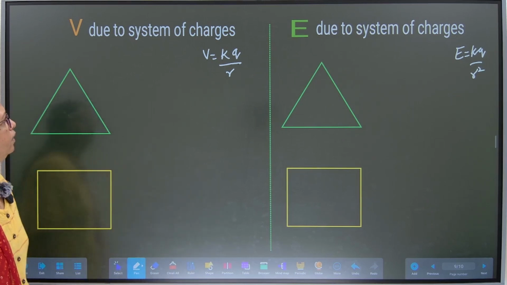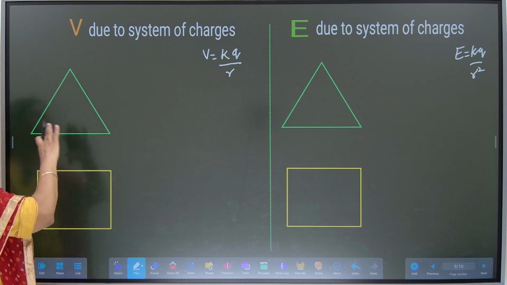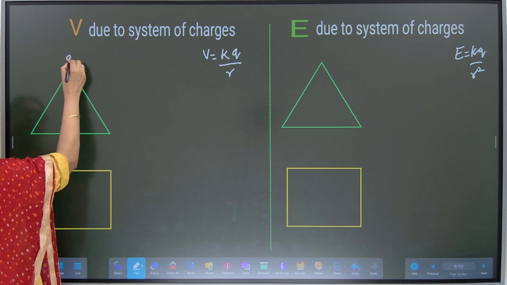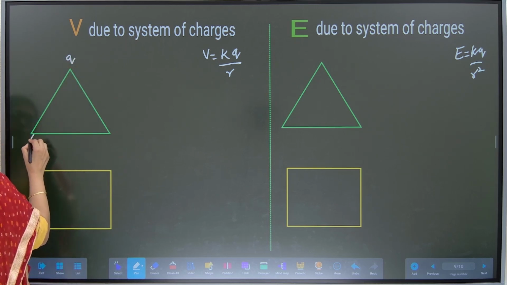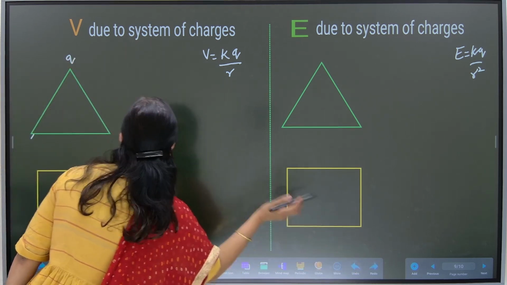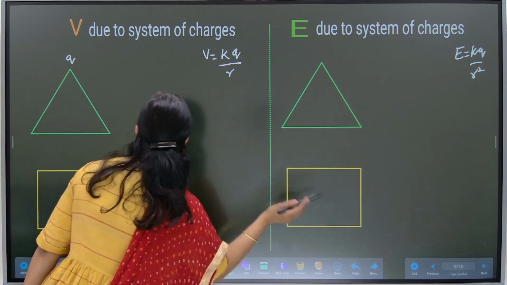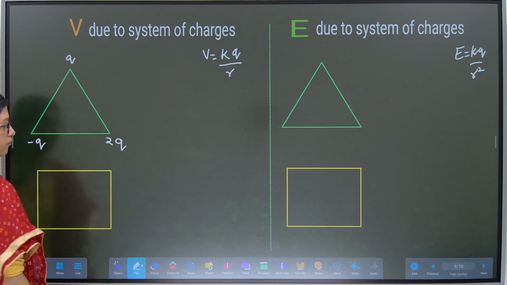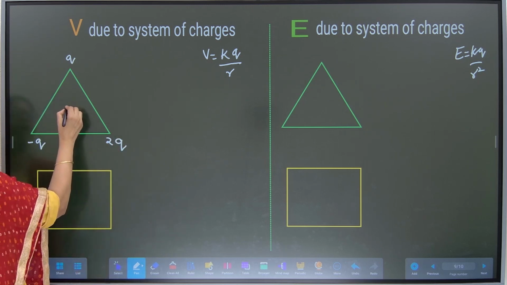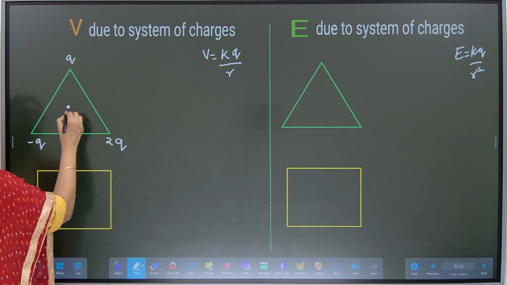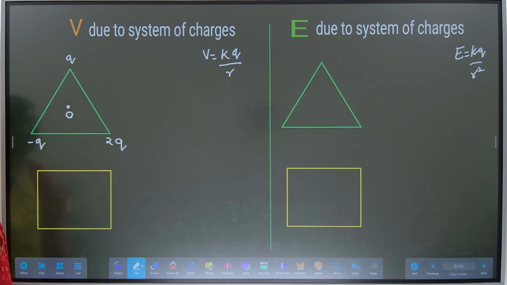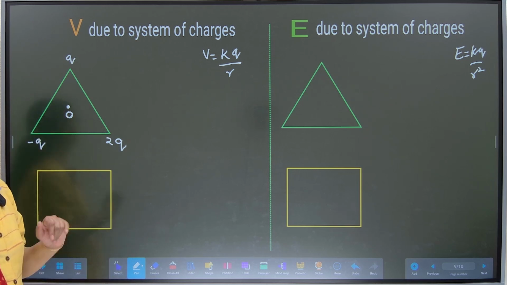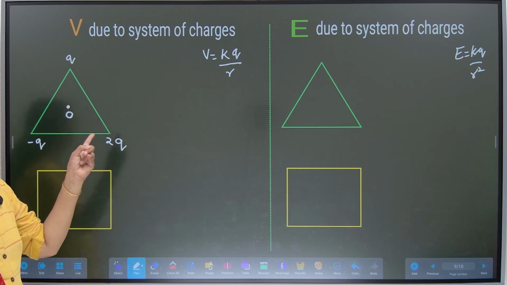Fine. Okay. Now, when I have a system of three charges, let me say Q, negative Q, 2Q, and I am asked to find out the potential at the centroid O of this triangle, which is equilateral.